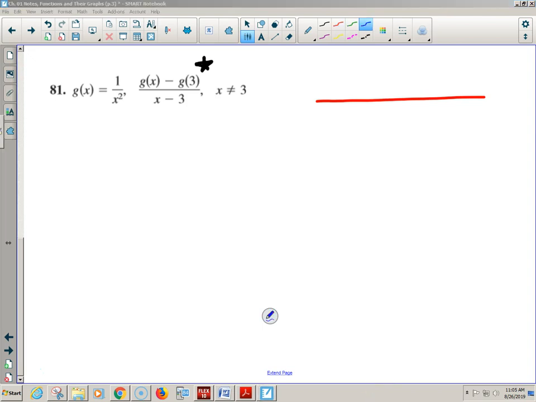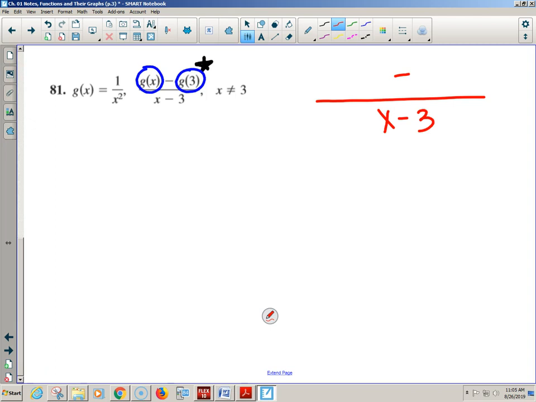All right, so if it doesn't look exactly like the one we did in our book, do you think I'm trying to challenge you guys on taking a complicated formula piece by piece to plug in? What was allowed to stay the same was the division bar, the minus, and the x minus 3. There was no plugging in necessary. There was no application or need to bring in the g of x.